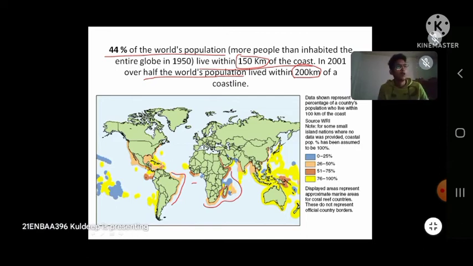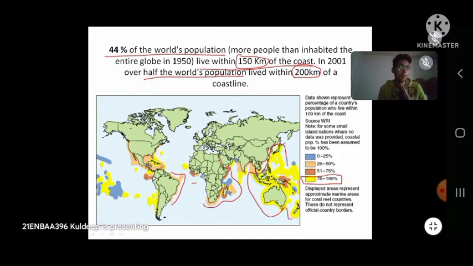Now, we see that there are some countries of which 76 to 100% of the population lives along the coastal areas. These are the countries marked by the yellow regions here. So in these countries, 76 to 100% of the population is living along the coastal regions.